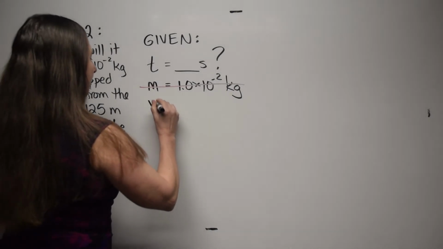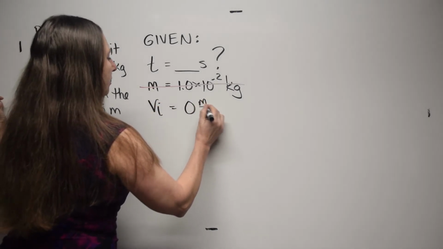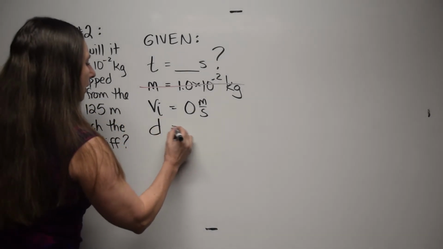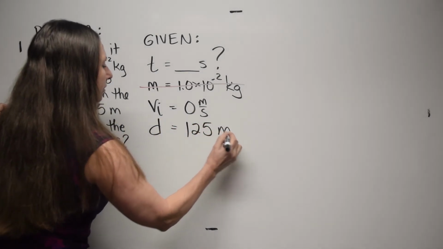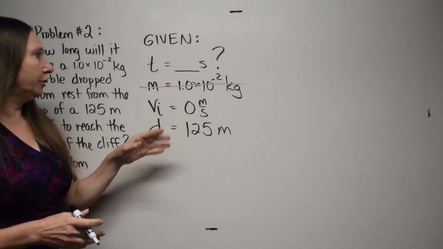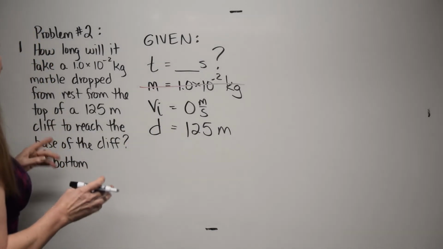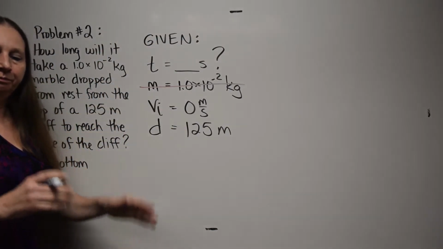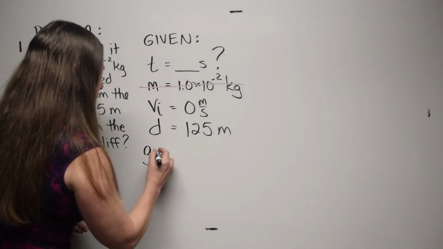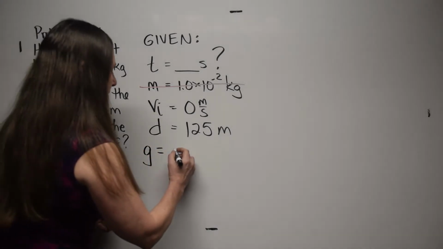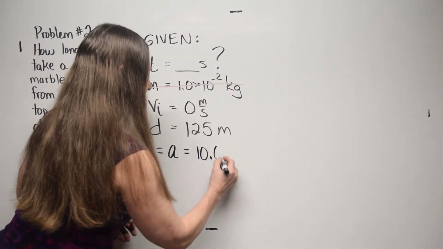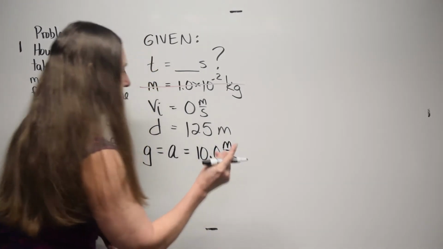From rest, V initial is 0 meters per second. The distance it's going to fall is 125 meters. The one final thing you're going to have to put down as a given: the fact that the object is in free fall, it's definitely being acted upon by the acceleration due to gravity, g, which is a type of acceleration. So 10 meters per second squared.